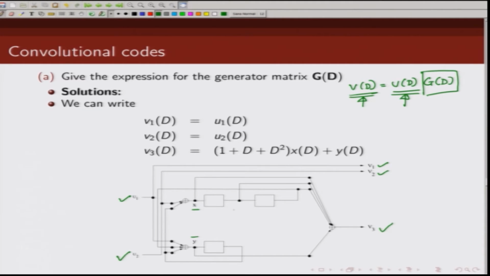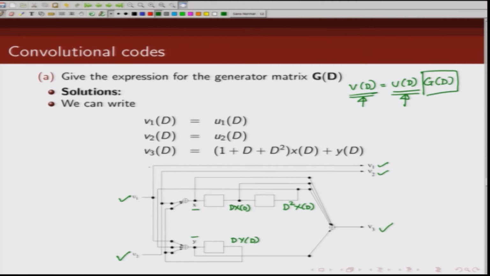So, if this is x(D), this term will be D times x(D), and this will be D squared times x(D). Similarly, if this is y, this term will be D times y(D). So, what is V1(D)? V1(D) is U1(D).